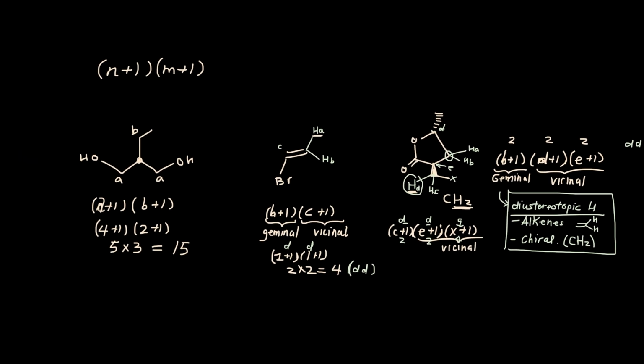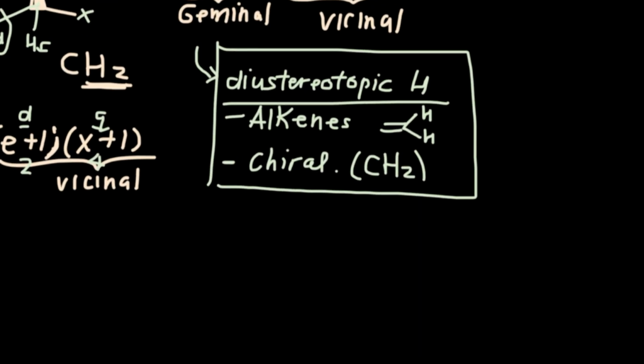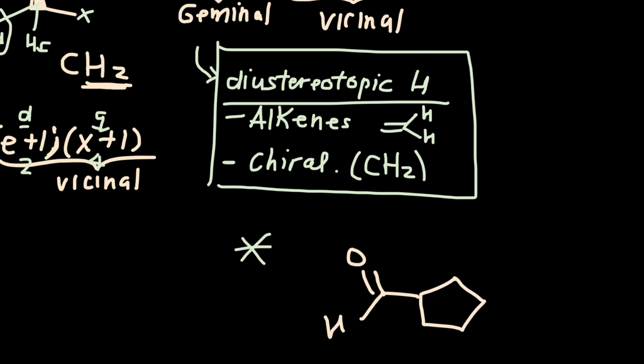And also, I need to make a very, very important note about aldehydes. So let's say you have this, and something like this, and you're being asked what is the coupling for this hydrogen.